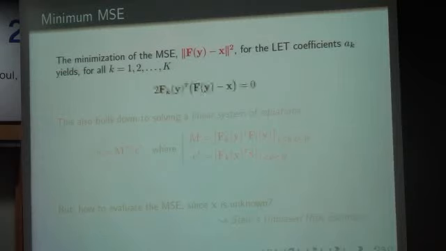First let's have a look at the minimization of the MSE directly. If I'm assuming that I know the original image, and I want to find the best linear expression of individual thresholding that will fit my image, then the minimization leads to a linear system of equations to solve.